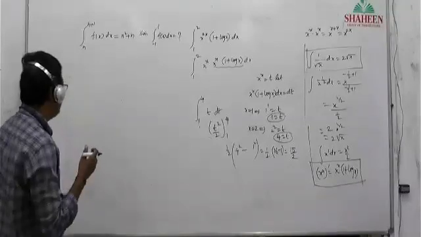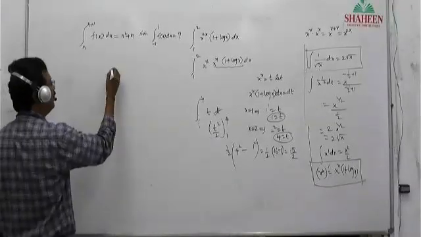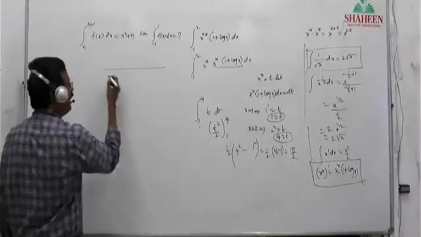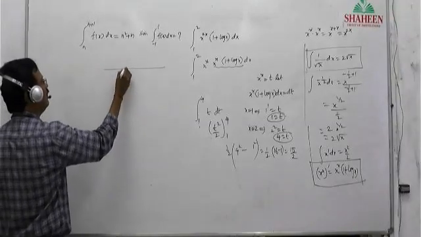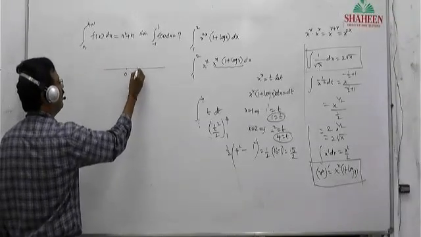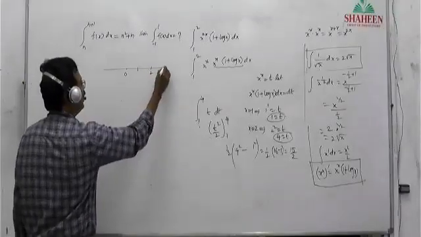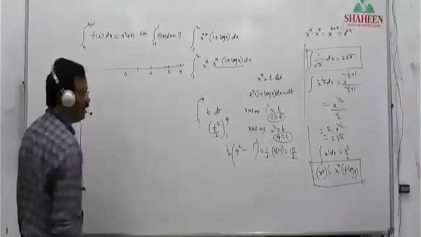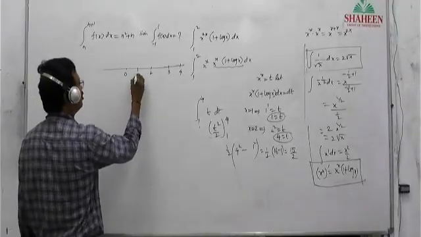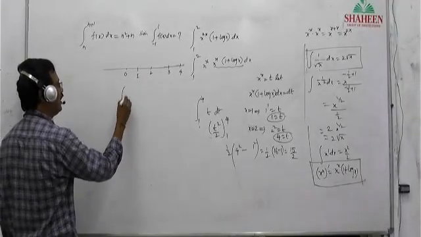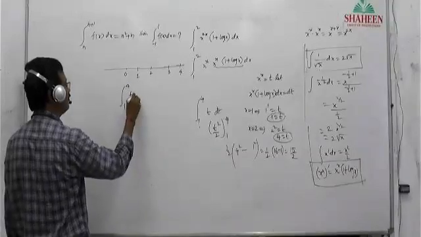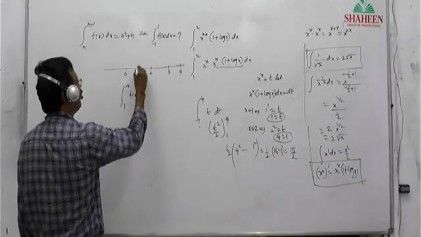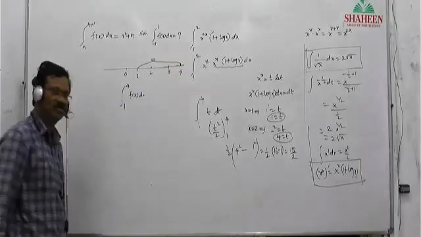Okay, now in this we apply this formula. For example, see that this is the real x-axis. This is the origin. This is 1, this is 2, this is 3, and this is 4. Now here, suppose the integral from 1 to 4 is there.